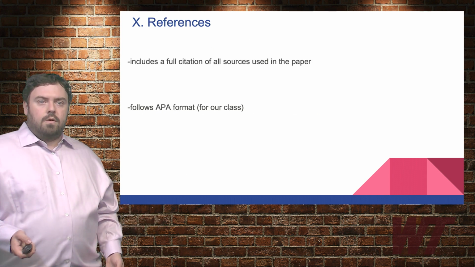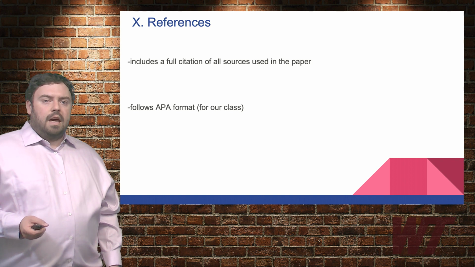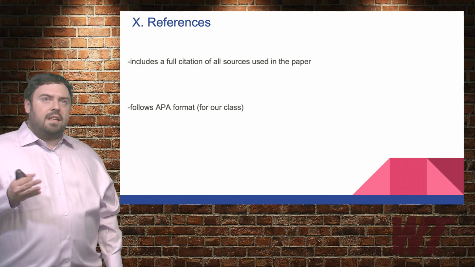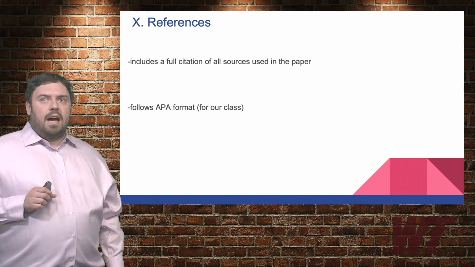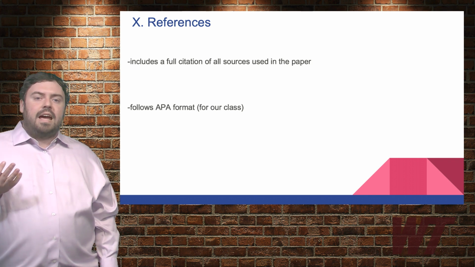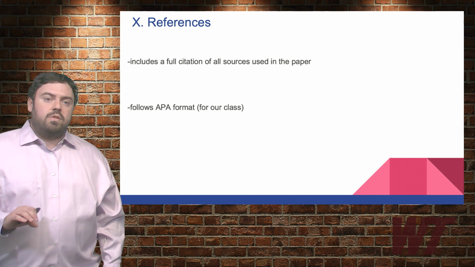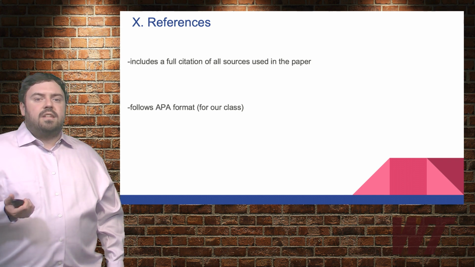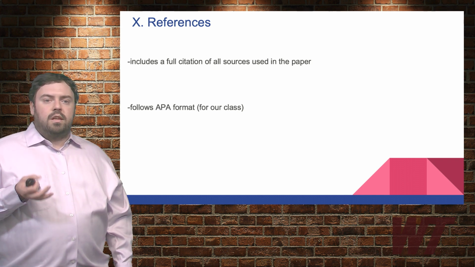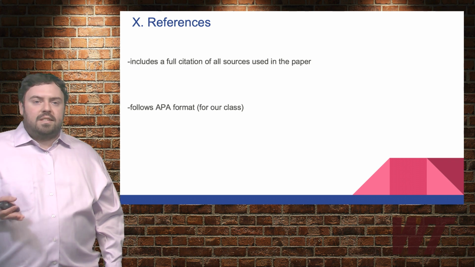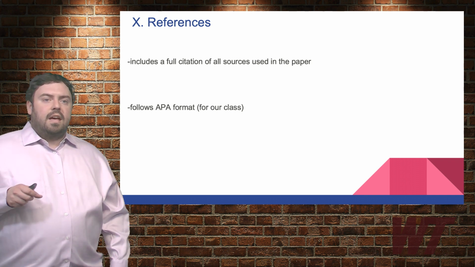All right, and then finally, I know I said technically the last section of your paper is the conclusion, but the references section is its own section. It's not a general narrative section where you're writing complete sentences like the other sections.